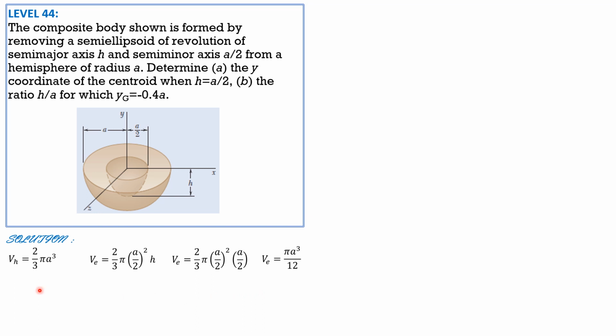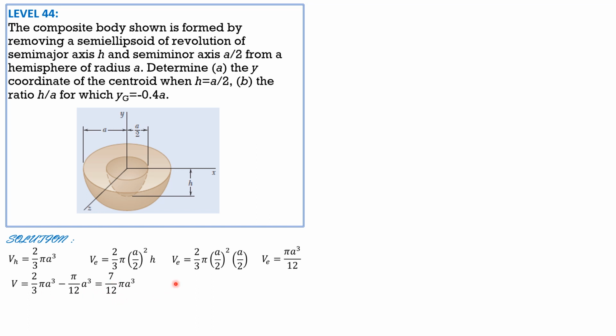So the net volume is the volume of the hemisphere minus the volume of the ellipsoid: 2/3 pi a cubed minus pi a cubed over 12. Simplified, that's 7 over 12 pi a cubed.